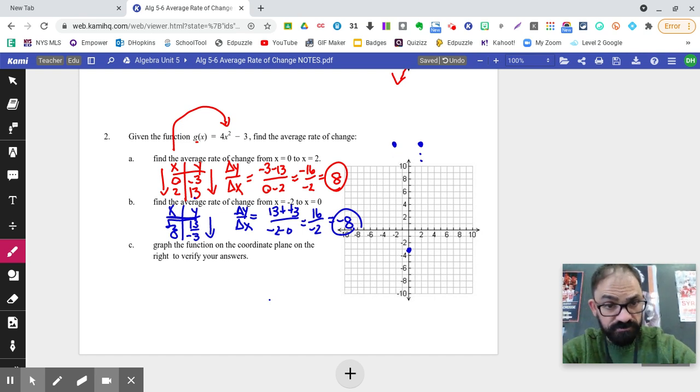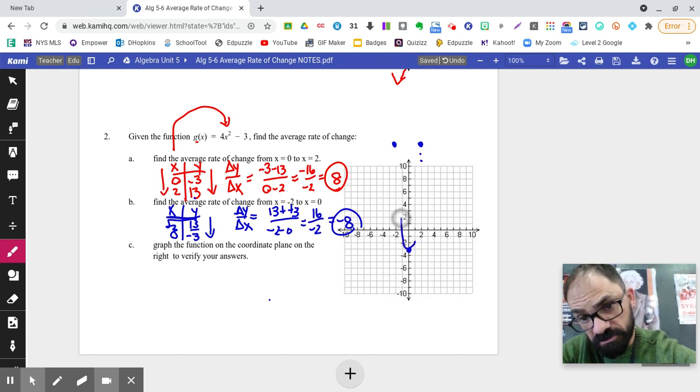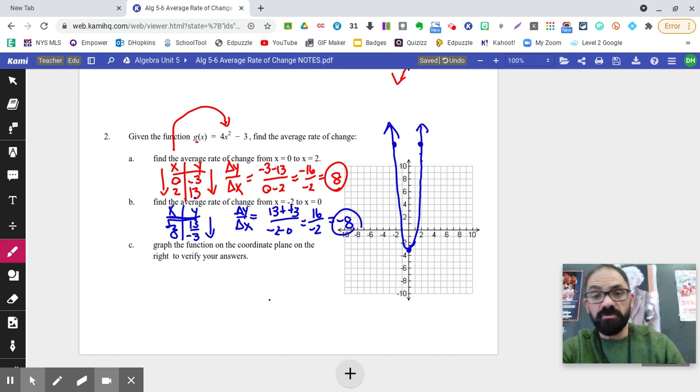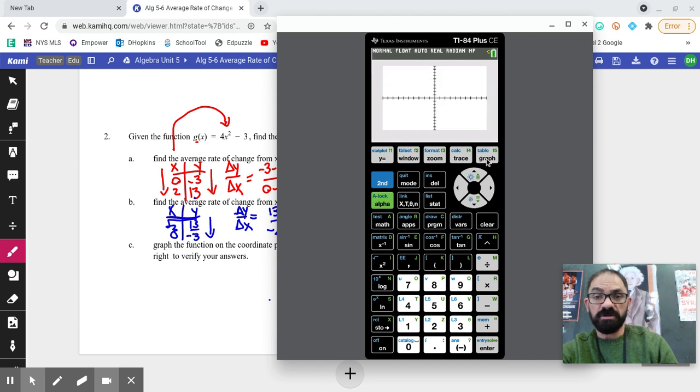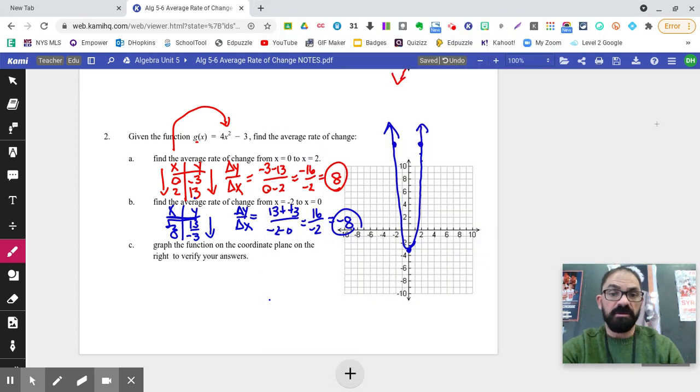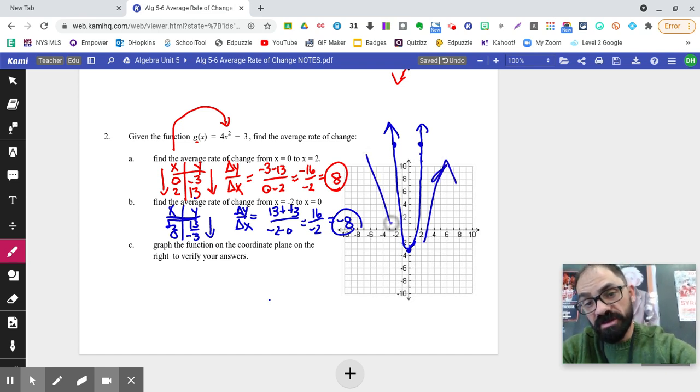Same place. 0, negative 3. So it's going to look something like this. Remember, always use your calculator to take a look at it. What is it supposed to look like? There it is. And that's why it looks like we have a positive slope going that way. We have a negative slope going that way. That's why they were different.